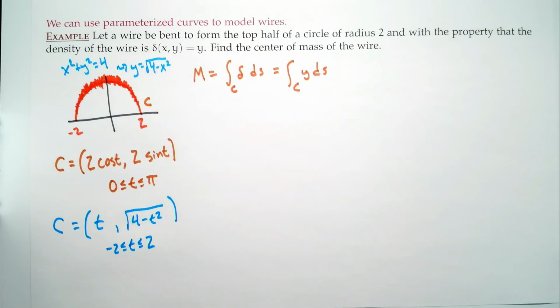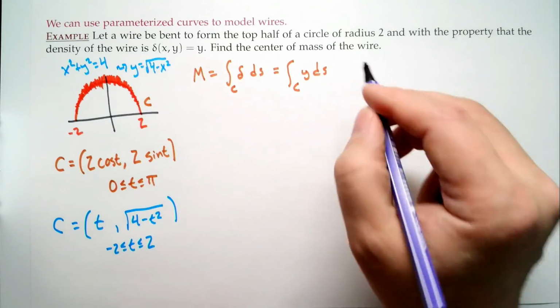Now, both will give us the same answer, but I strongly suspect one will be easier to work with. Which one should we work with? Let's work with the cosine sine. For fun, on your own time, outside of class, you can try the other one and see what happens.